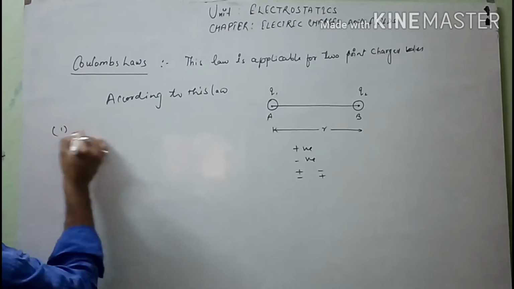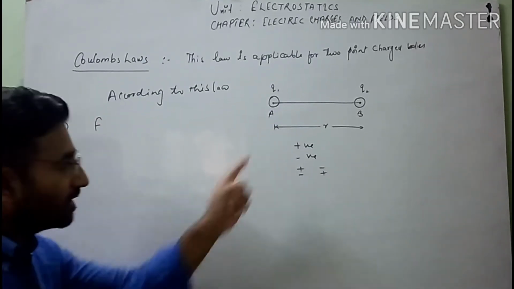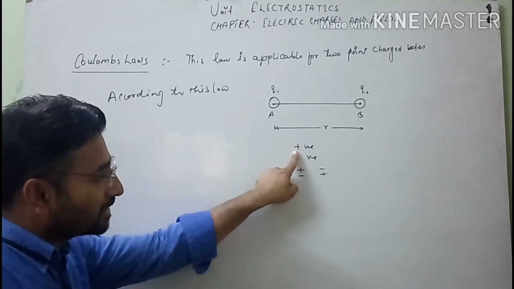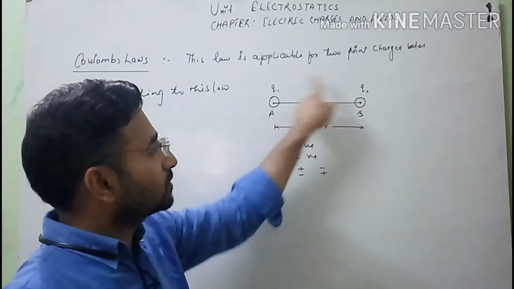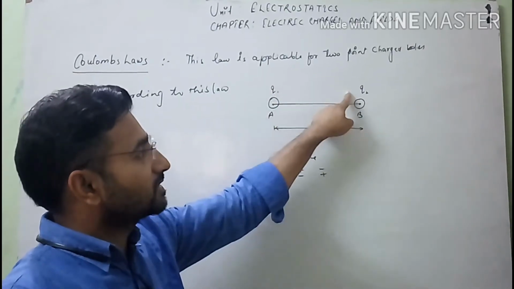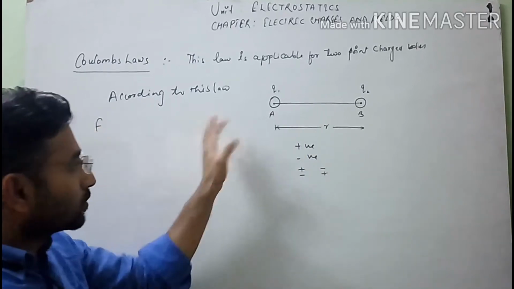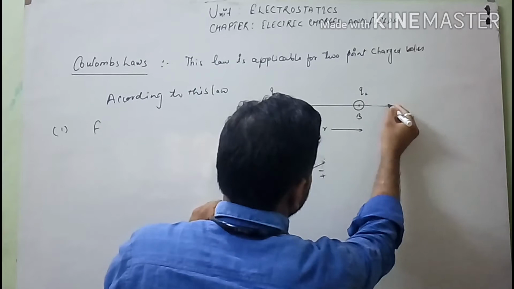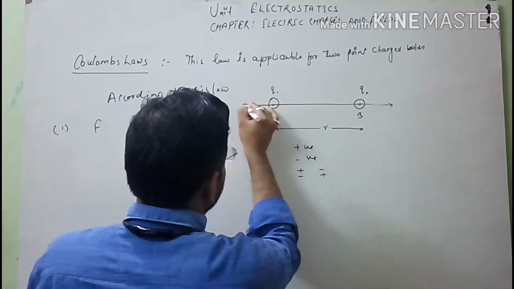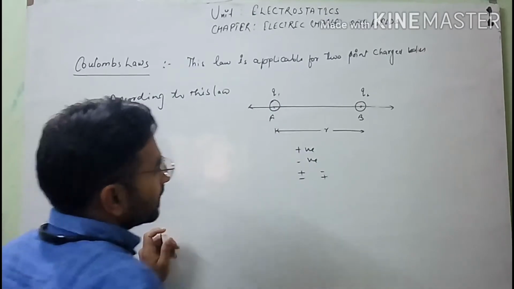First, Coulomb said the force of interaction may be repulsion or attraction. When these two charges are of the same kind, either positive or negative, the force of interaction between them is repulsive. If these two charges are opposite in sign, the force of interaction between them is attractive.